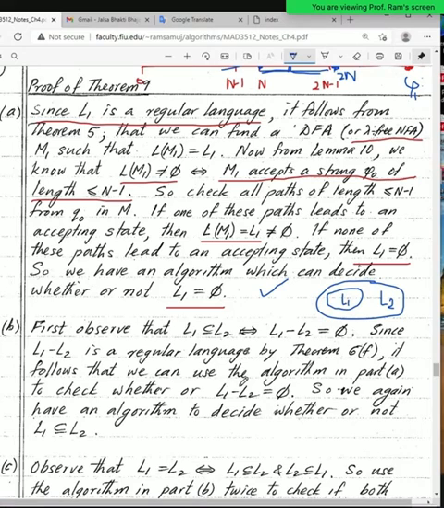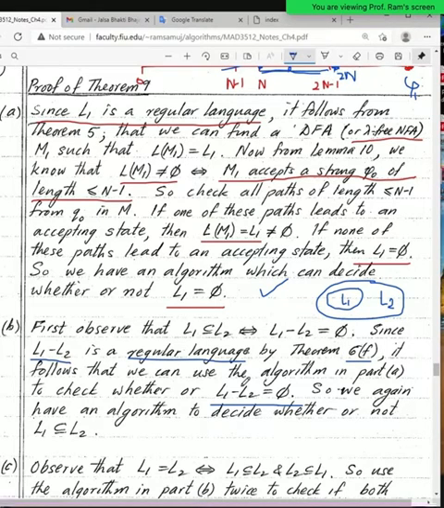And you're thinking, you're right, because if L1 minus L2 is not empty, L1 is not a subset. So you're thinking, this is discrete math. Yeah. And so since L1 minus L2 is a regular language, by theorem 6F, we can follow the algorithm and convert L1 minus L2 into a DFA.